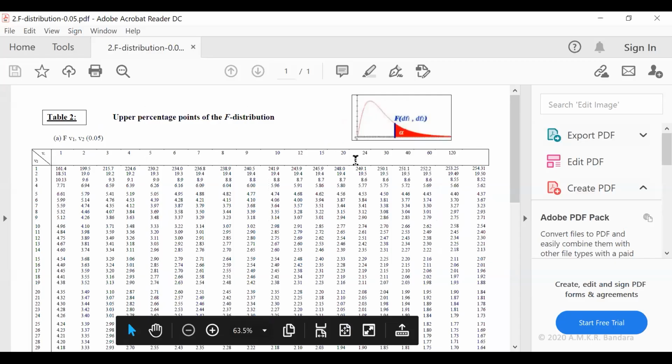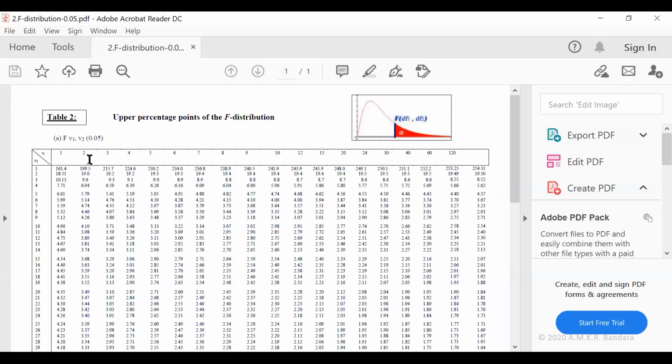In this first row, it is giving the degrees of freedom of the numerator. When we construct the F calculated value, for the numerator we put the between treatment variability, so from this first row we have to find the degrees of freedom related to between treatment variability, that is 2.